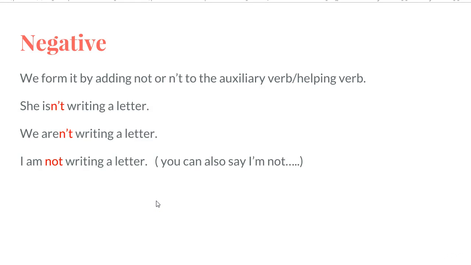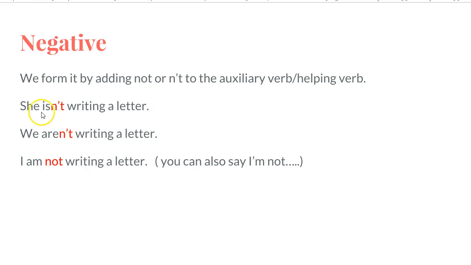Okay, that's great. Now we move on to the negative form of the present continuous. Negative means not. It's the opposite of the affirmative. Okay, so we form it by adding not or n't, n apostrophe t, to the auxiliary verb. In other words, the helping verb.